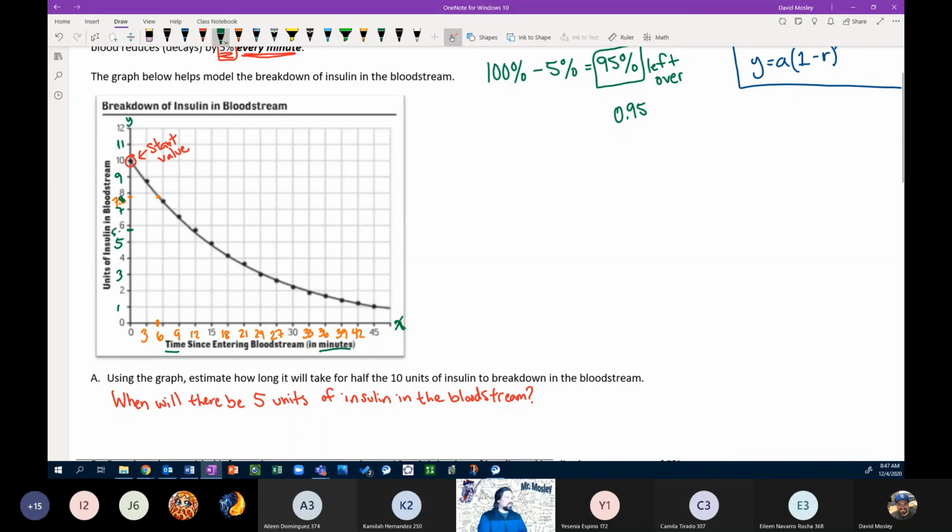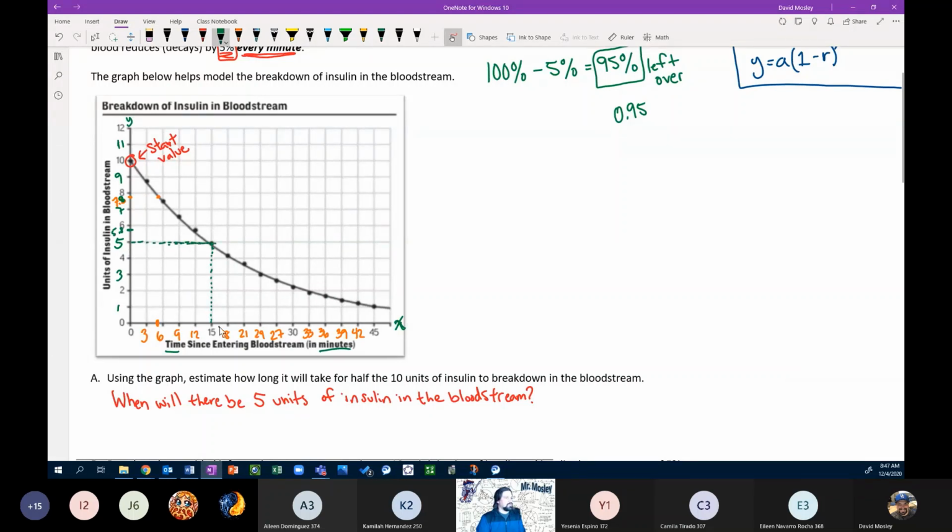And then we get 15. Then I follow that up. That goes along with that point there, and we go over, and it's pretty much right there.